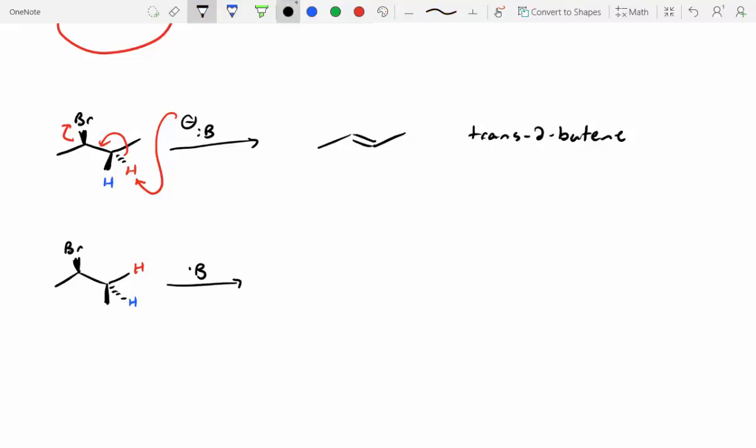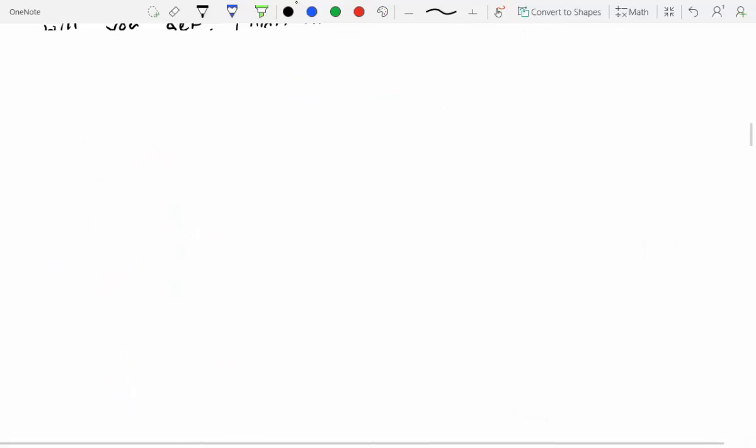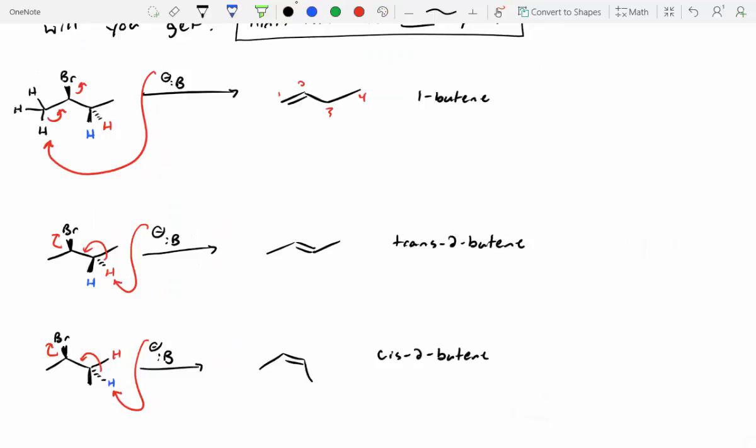And now if we treat it with the strong base, will we get the same product or a different product? Yeah, you get your cis product out. So we get cis 2-butene.